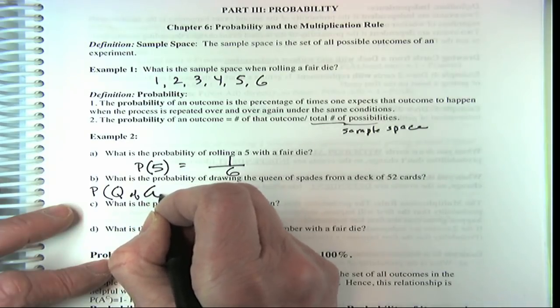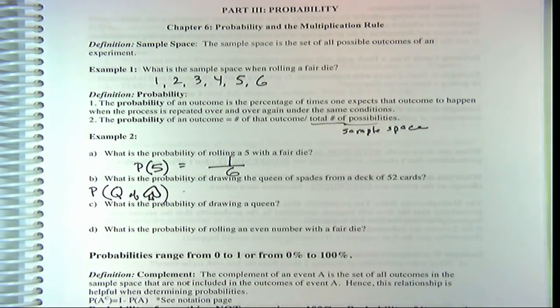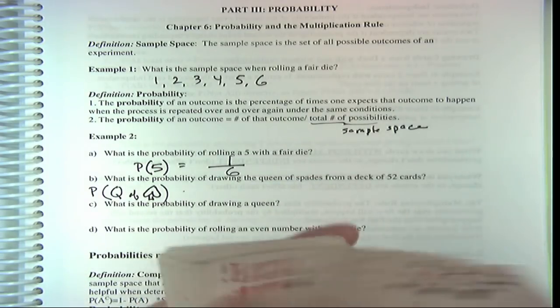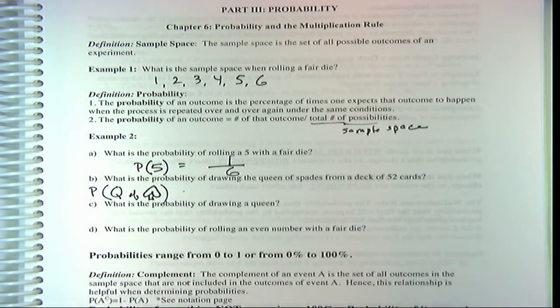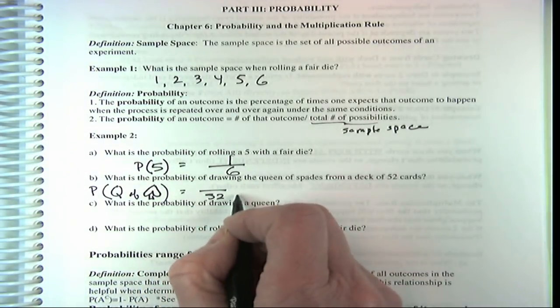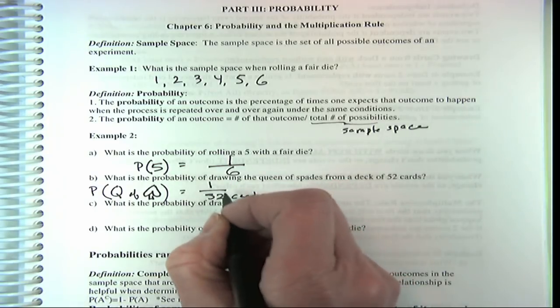This is my attempt at a spade here. What does a spade really look like? It looks like that. Okay, so the Queen of Spades, there's 52 cards in a deck, and there's only one Queen of Spades.